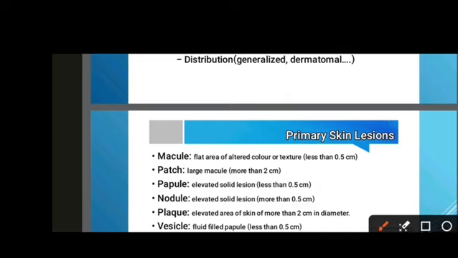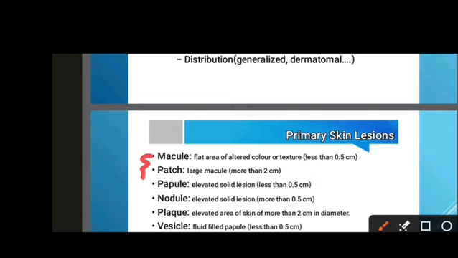In order to remember them, we categorize macule and patch together, because they are flat areas. A macule is a flat area of altered color or texture, less than 0.5 centimeter. A patch is a large macule, greater than 2 centimeter in diameter.